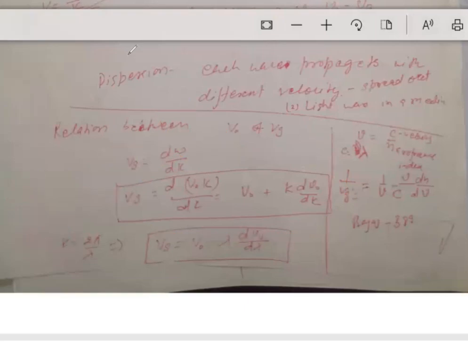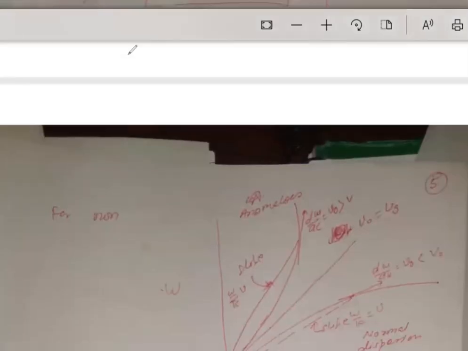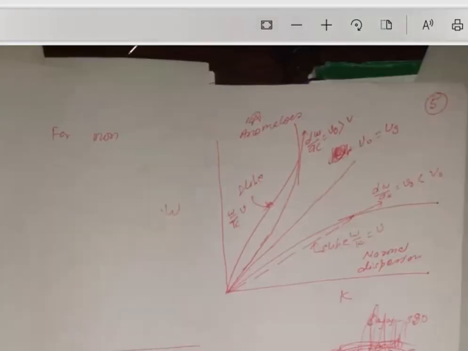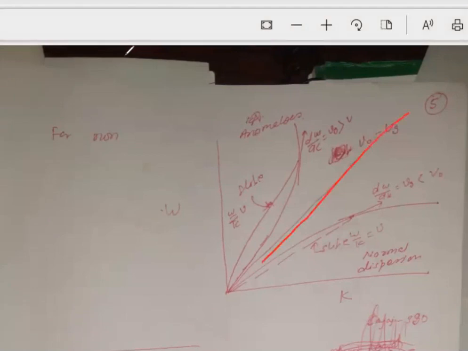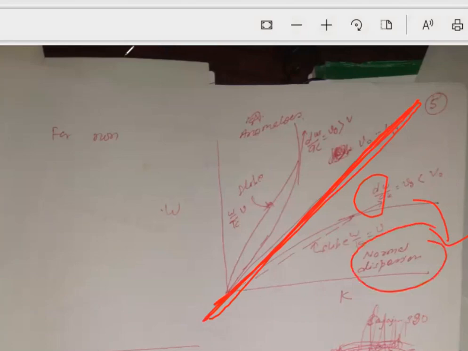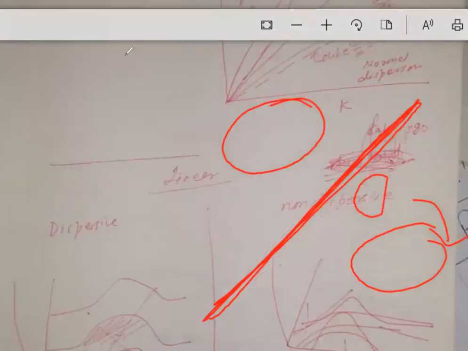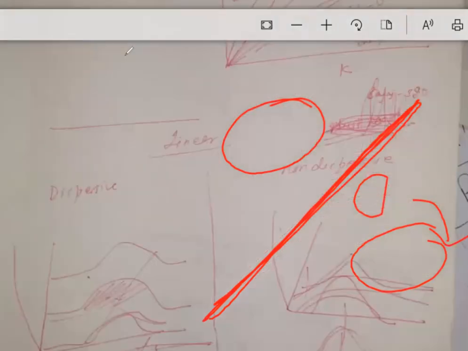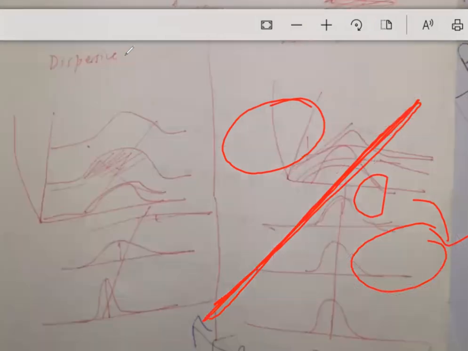Usually we get this line, v naught, where group velocity and phase velocity are equal. If d omega by dk is in this direction, it is called normal dispersion. If it is on this side, it is called anomalous dispersion. So this is the concept we are going to use.